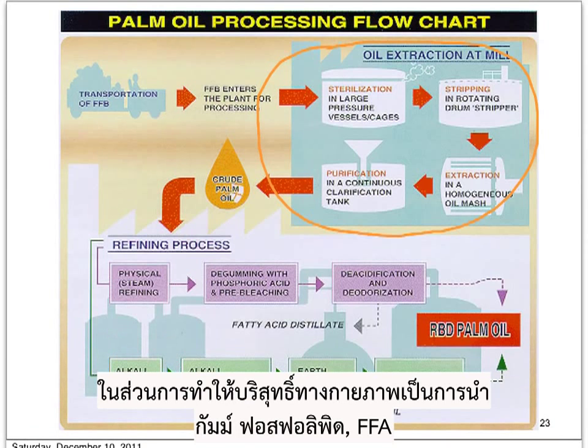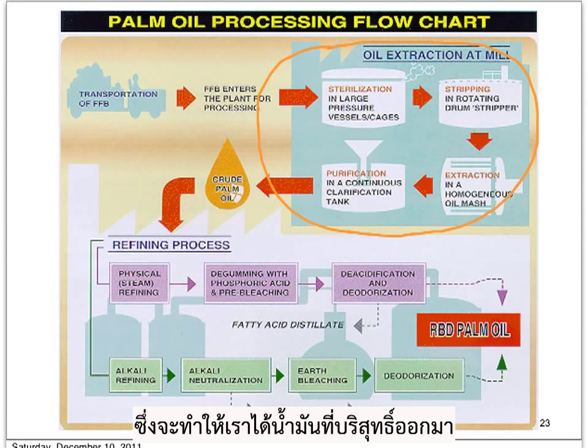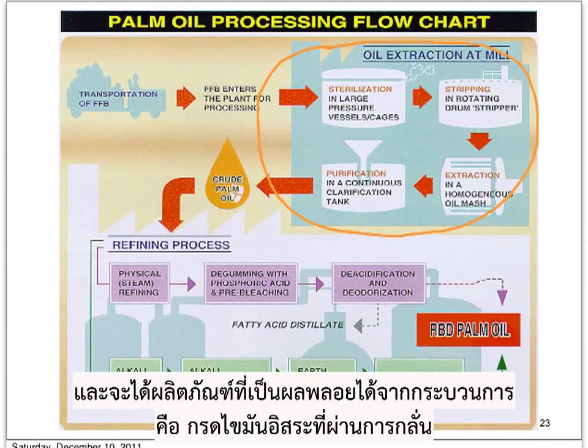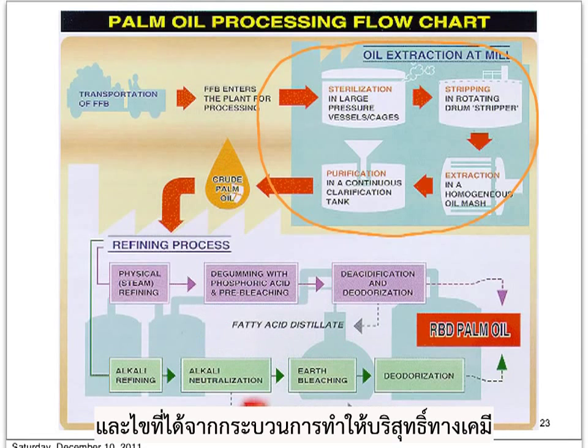But both, whether physical or alkaline refining, the idea is to remove the gums or phospholipids, free fatty acid. So various stages of refining, and finally we will get the refined oil. RBD palm oil here means refined, bleached, and deodorized palm oil. And we can get various byproducts from the refining process, for example, fatty acid distillate, or the soap stock.